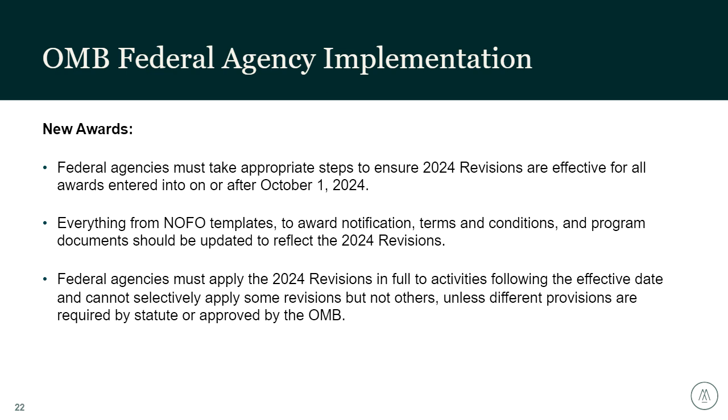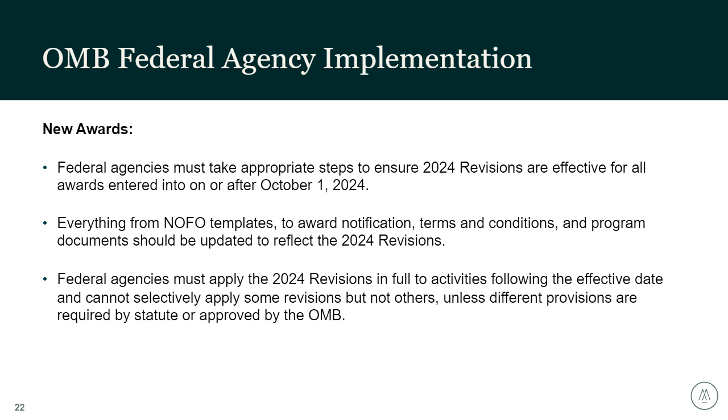All right. For new awards, the federal agency must take appropriate steps to ensure these revisions are effective for all awards entered into on or after October 1st, 2024. So they have to take the appropriate steps in summary.